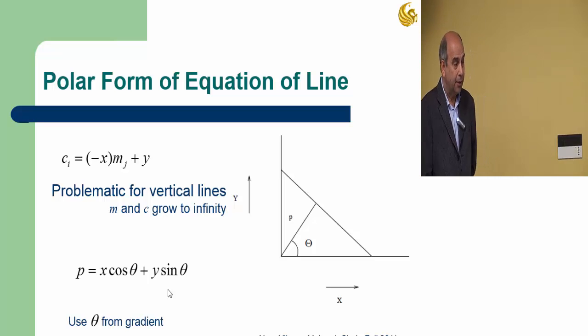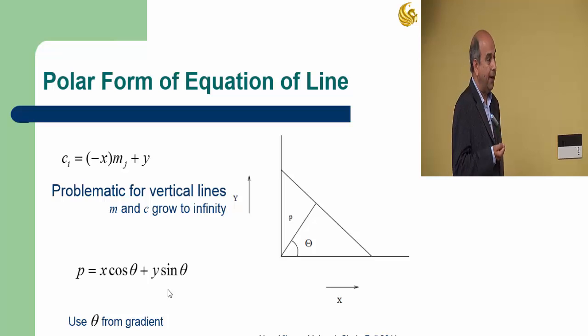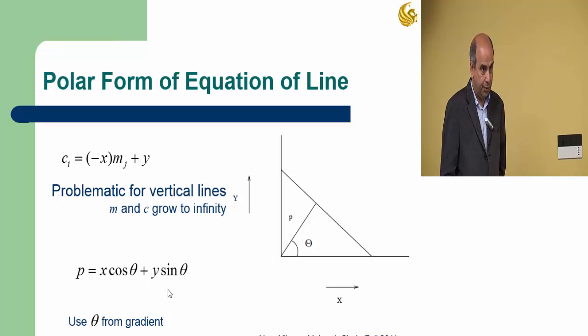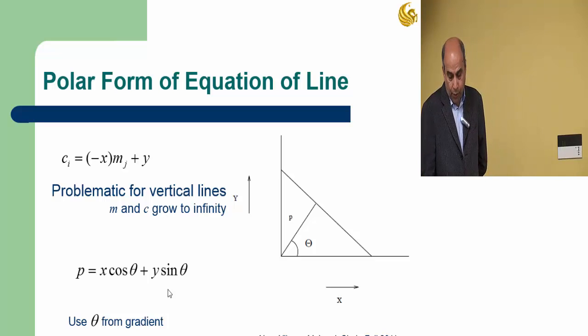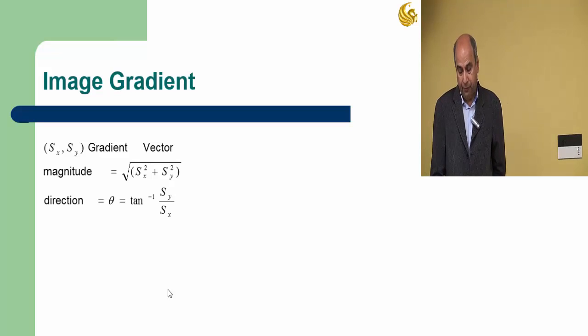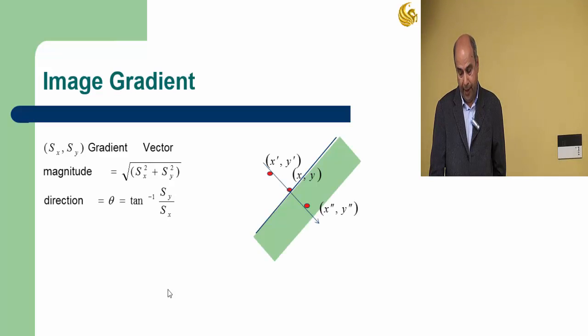And the other thing is that theta is actually available from the gradient. Remember that at every pixel you get a gradient magnitude and gradient direction. So the gradient direction is actually that theta, which you can use, which is good. So we have talked about how we can find the gradient vector, then you can apply Sobel or whatever, Canny, and get magnitude and direction.